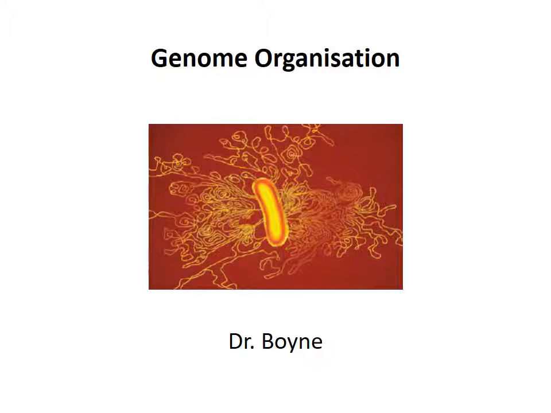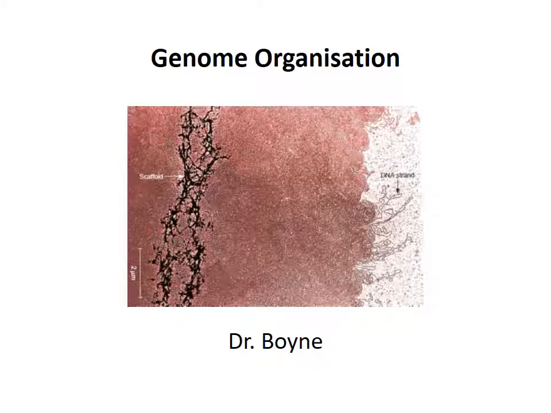What we have here is an electron micrograph of an E. coli cell spilling out its nucleoid, its genetic material. You can see there's quite a lot of DNA, more than you may perhaps imagine, compacted within these bacterial cells. But if we compare that to an electron micrograph of a eukaryotic chromosome, you can see immediately far more material, just in a single chromosome, than is present in the entire prokaryotic genome.